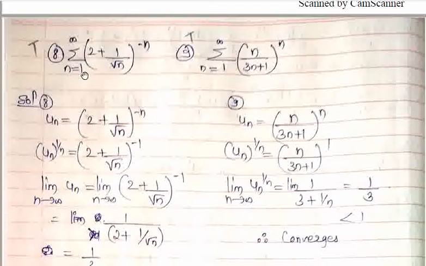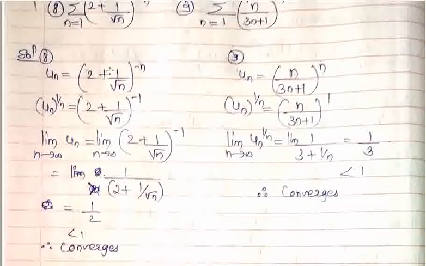Sum from 1 to infinity of 2 plus 1 by root n, to the minus n. So what do you want to do? You want to divide this by n, which is minus 1. So as n tends to infinity, this becomes 0. So this becomes half, which is less than 1, so it converges. Similar here, n divided by n, which is 1, take out the n from here, divide, get a third, which is less than 1, so it converges.